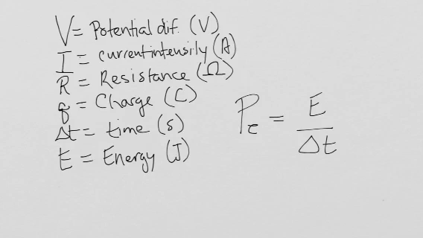Let's stick with a letter that we've already seen. So the formula for electrical power: electrical power is equal to the amount of energy in the device every second. Now, power is measured in watts.